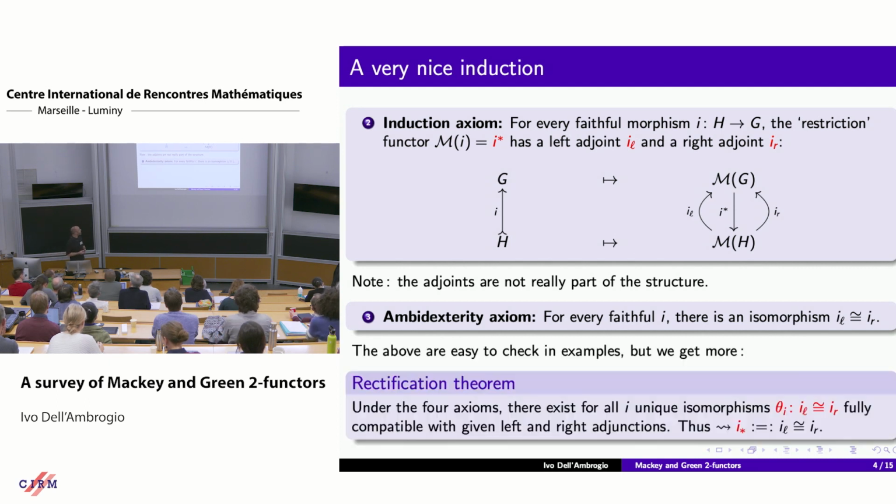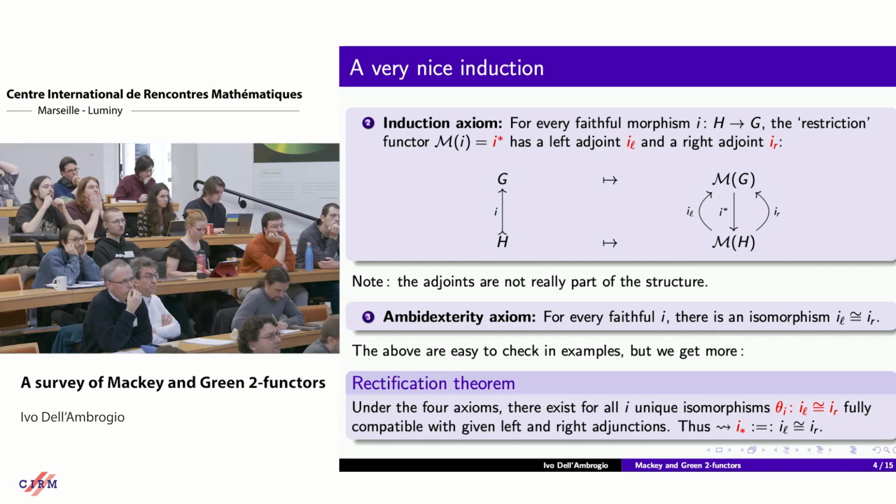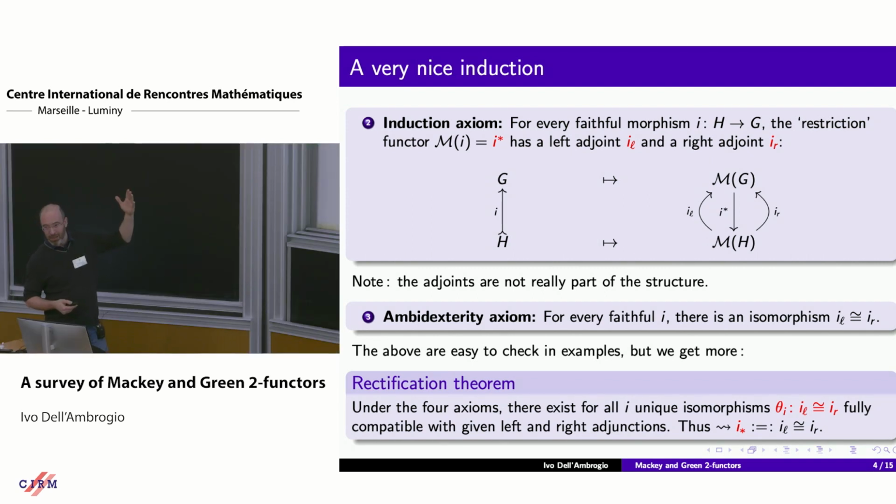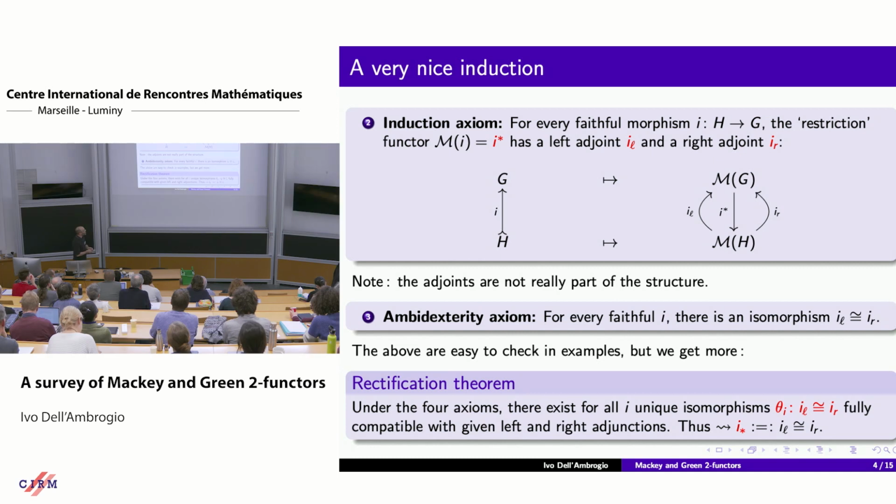So this, you will note, is kind of easy to check in examples, right? Just the existence of adjoints, existence of an isomorphism. But one of the nice things you can do up to the 2 level, and maybe you cannot do later, I don't know, is that you can prove a strictification, or in this case we call it rectification theorem, saying that under the 4 axioms, including the next one, if you have any bunch of isomorphisms like that, then there are unique canonical ones, which I call theta_I for every I, which do the same job but better.